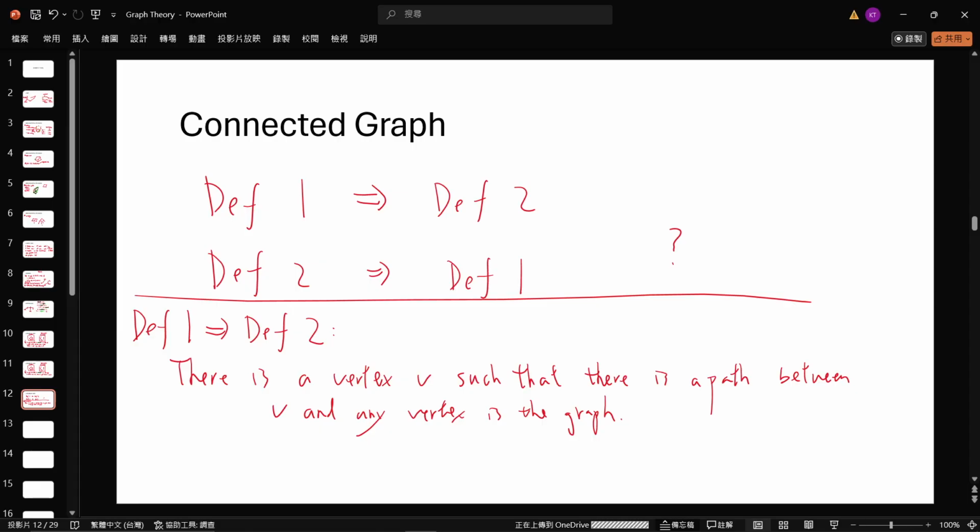Okay, so now can you use this special vertex V to argue that for any two vertices, I can always find a path?